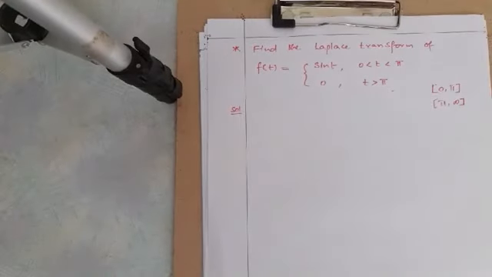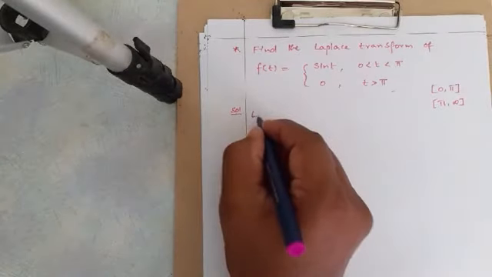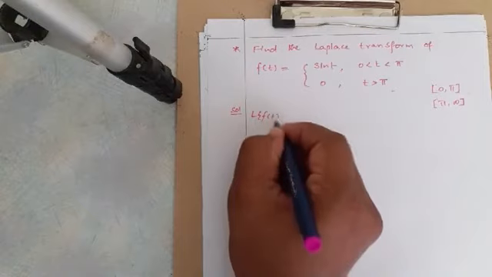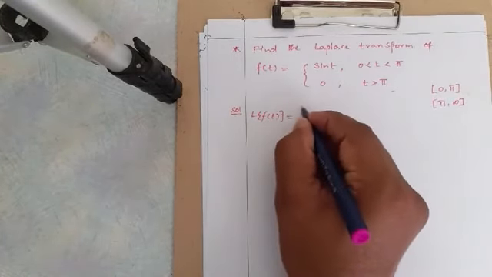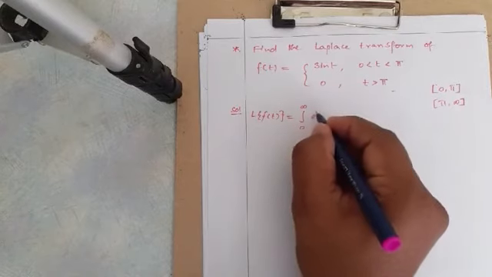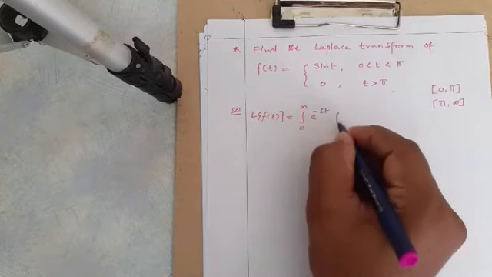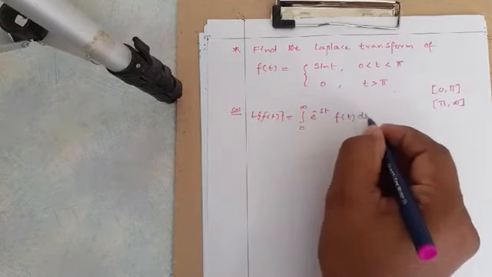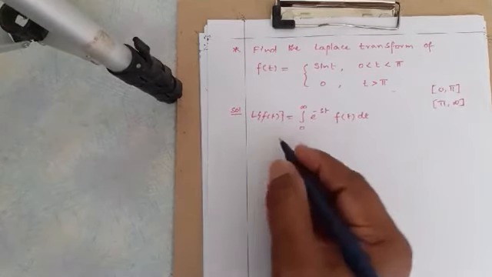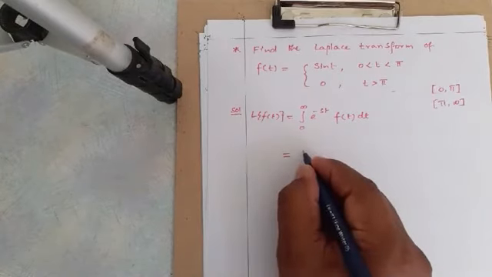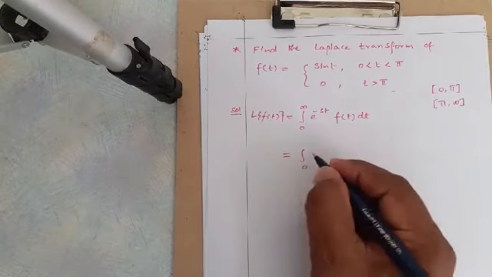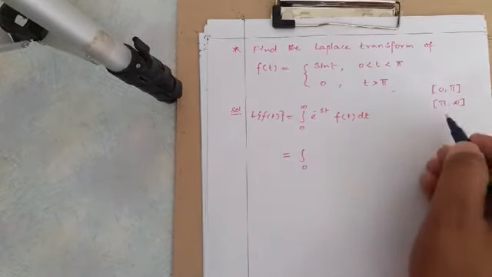When you apply the definition of Laplace transform, let us solve this problem. I am writing the definition first: Laplace of f of t is equal to integral 0 to infinity e power minus st f of t dt. When you apply this definition, you can write this as integral 0 to pi plus pi to infinity.